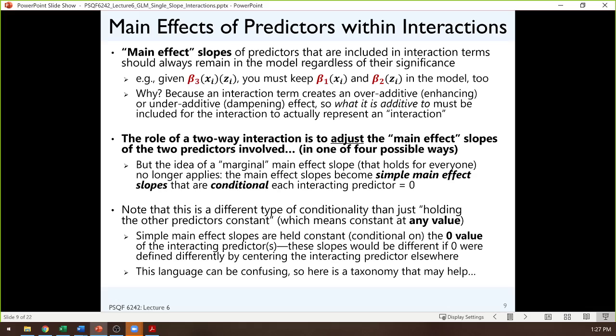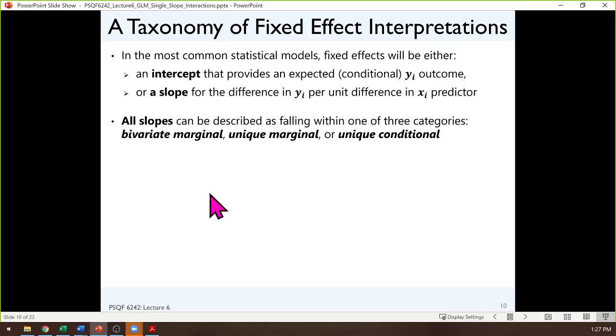So I have a terminology sort of taxonomy that I hope may help with this. Once upon a time, do you remember back when we only had one predictor in a model, like homework 3? At the time, I'm guessing you looked at homework 3 and thought, holy crap. And now if you were to get it out again, you'd think, this is easy, I know how to do this.